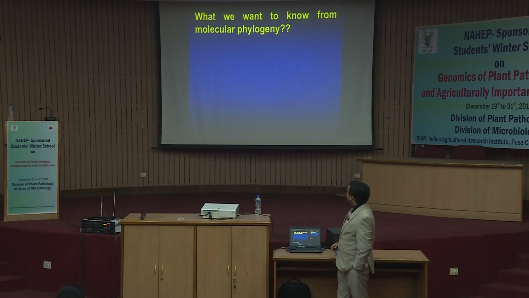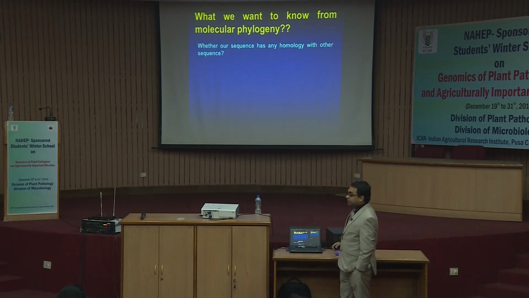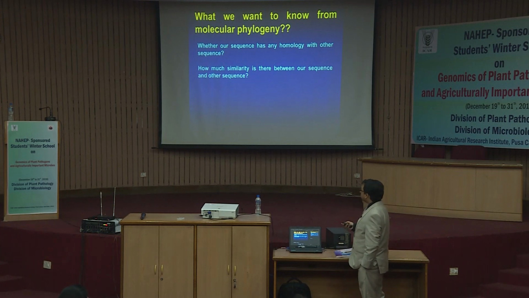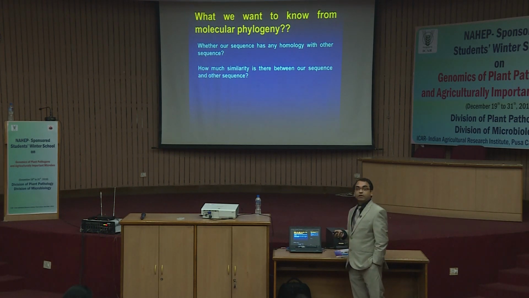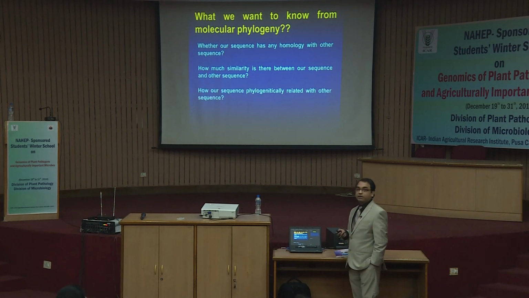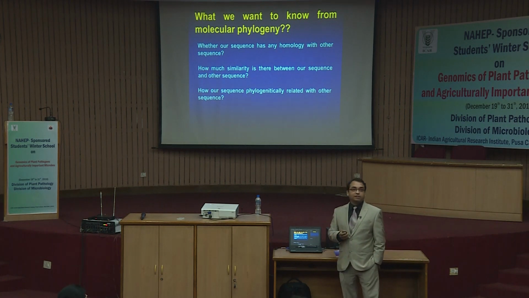So, what do we know from molecular phylogeny? Whether our sequence has any homology with another sequence, how much similarity there is between our sequence and the sequence of others, and how our sequence is phylogenetically related to other sequences. So, again 3 terminologies: homology, similarity, and phylogenetic relatedness.